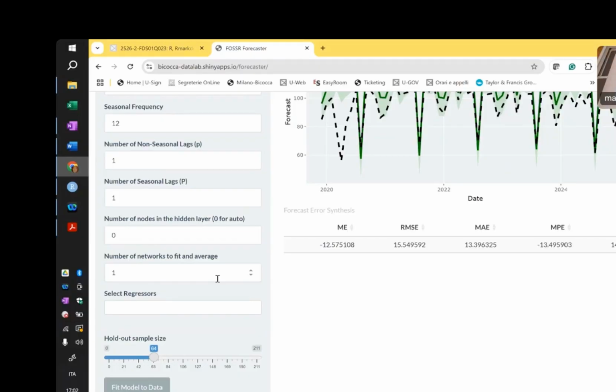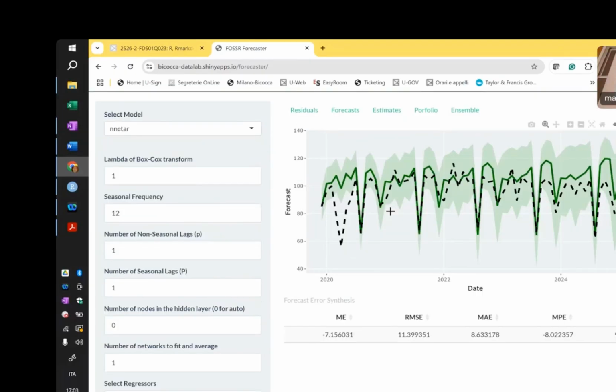So you can pick many different initial values and then average over that if you want. But just leave it at the minimum, because of course that increases the computation time. Just to have a different comparison model. Not very good.